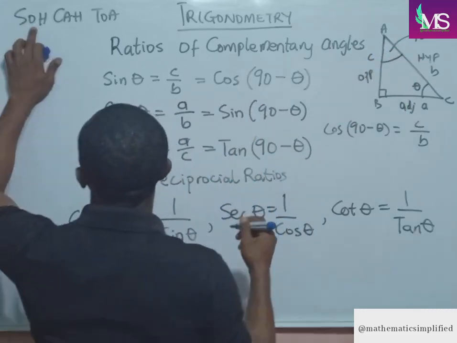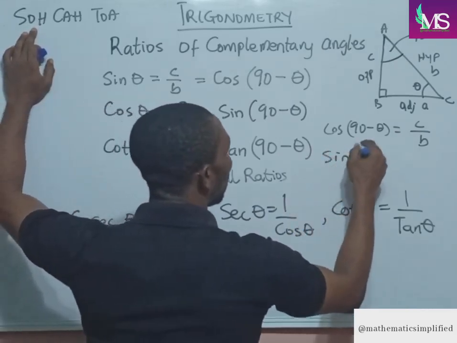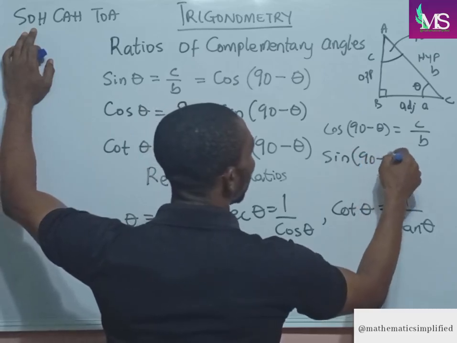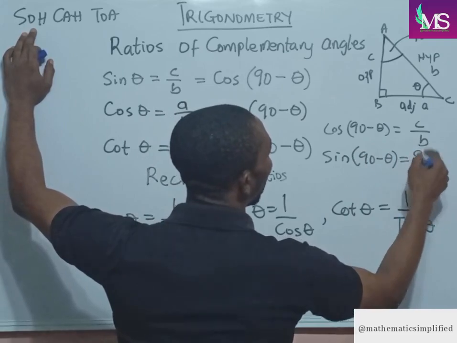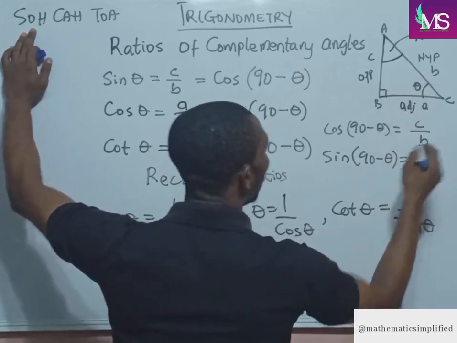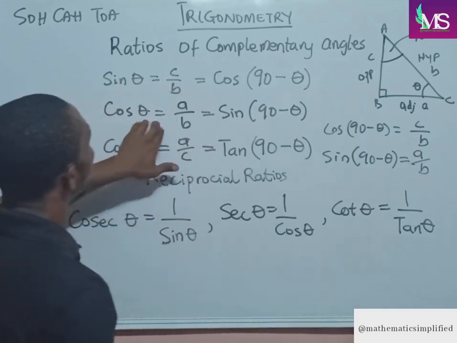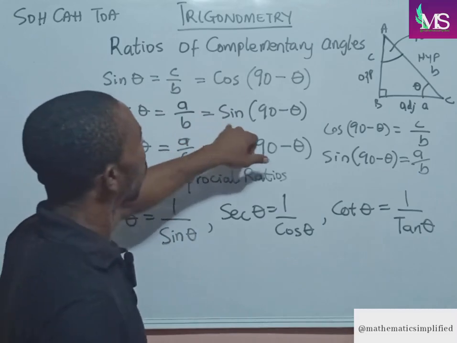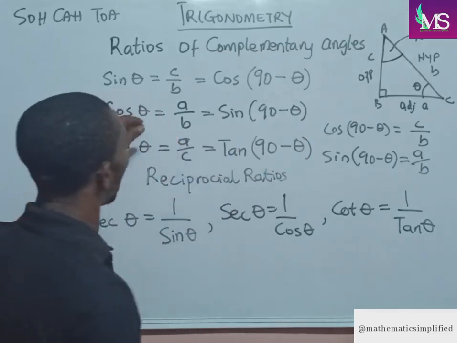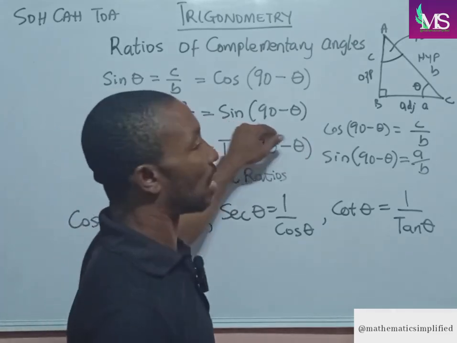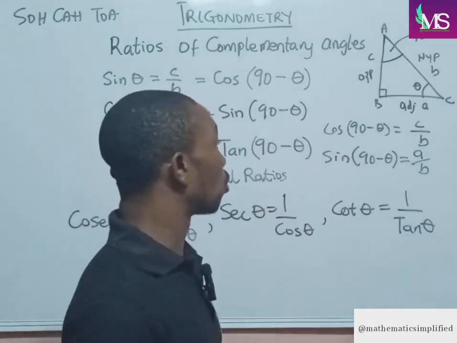So where do we have opposite and hypotenuse? Sine. So this becomes sine(90 minus theta) equals opposite A over hypotenuse B. That is how we got cos theta equals A over B, which is sine(90 minus theta). So cos theta is equivalent to sine(90 minus theta) because they are complementary angles.